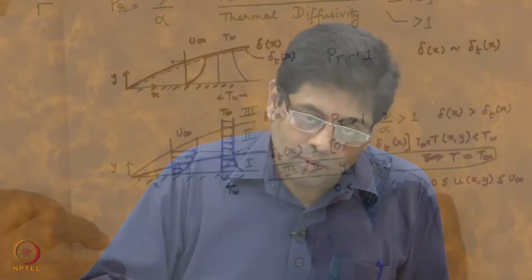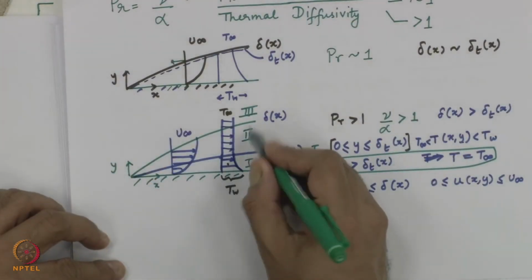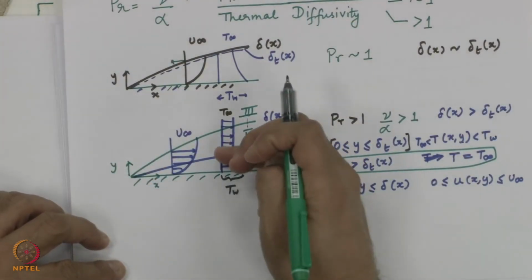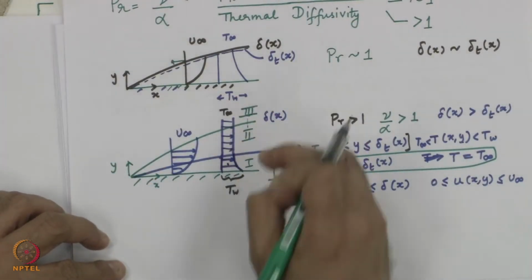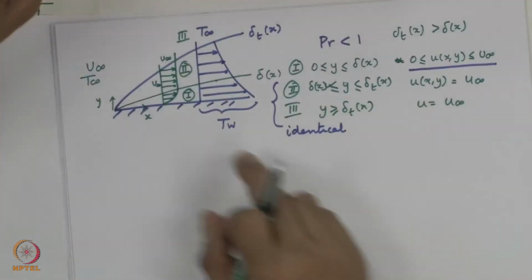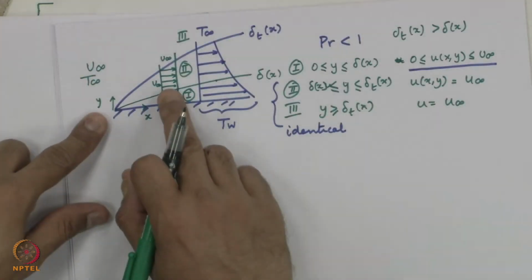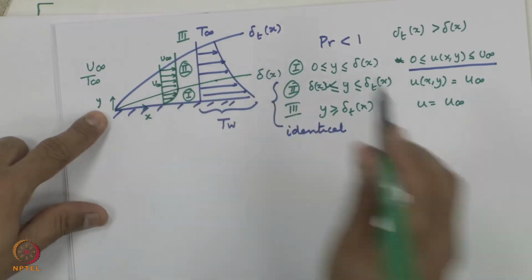For heat transfer, Prandtl number greater than 1 case, these two regions are identical because the temperature is equal to the free stream temperature right after this. Velocity is equal to the free stream velocity right after delta.